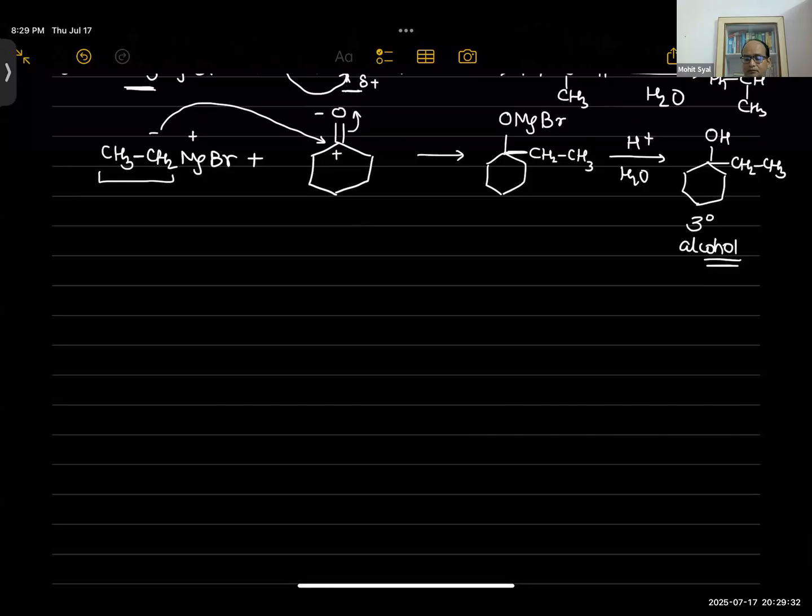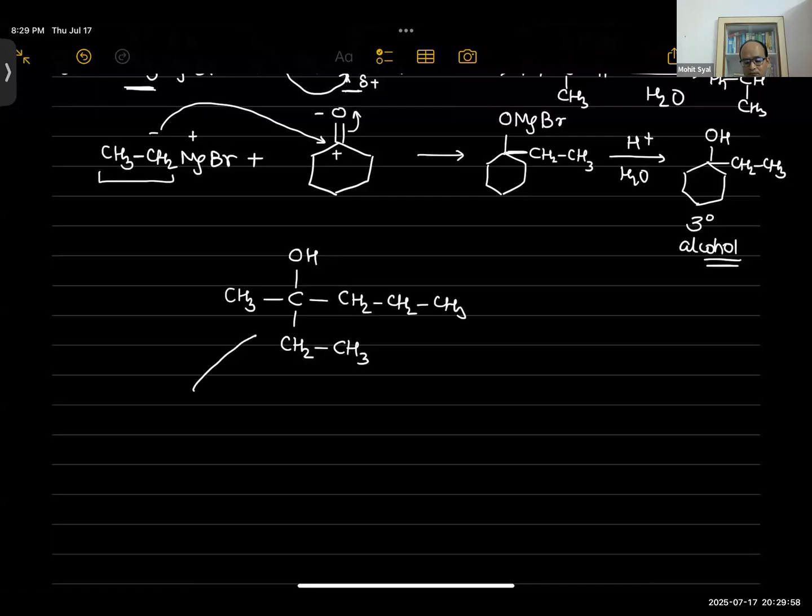Okay. This alcohol is having three groups, one methyl, ethyl, and propyl. So what set of Grignard and ketone need to be taken to get this alcohol?